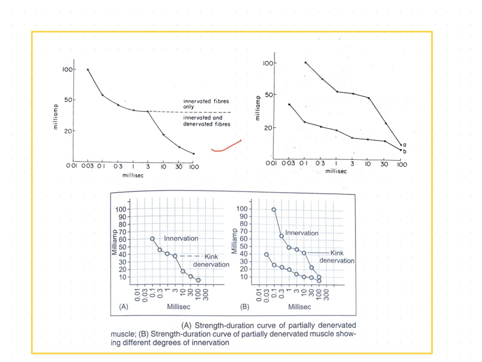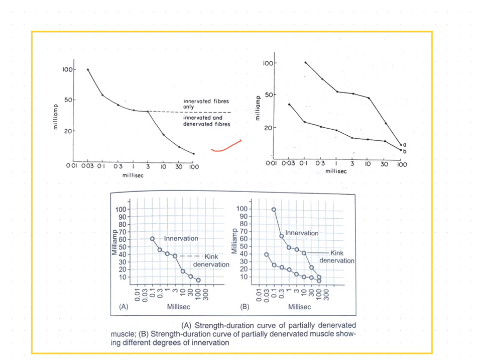As the impulses are shortened, the denervated fibers respond less readily, so that a stronger stimulus is required to produce a perceptible contraction, and the curve rises steeply like that of denervated muscle.